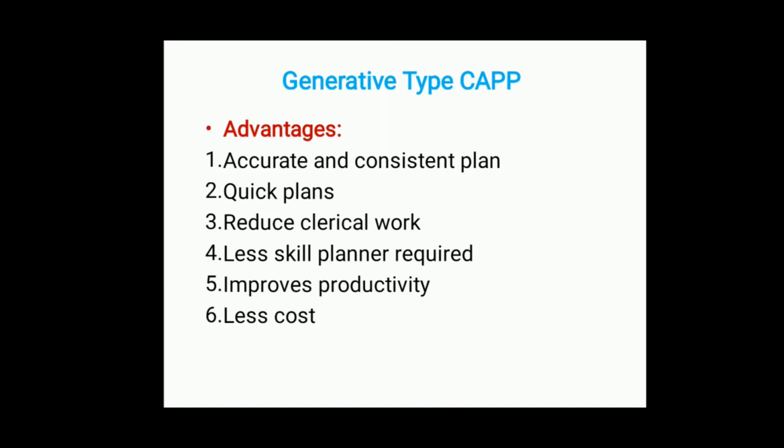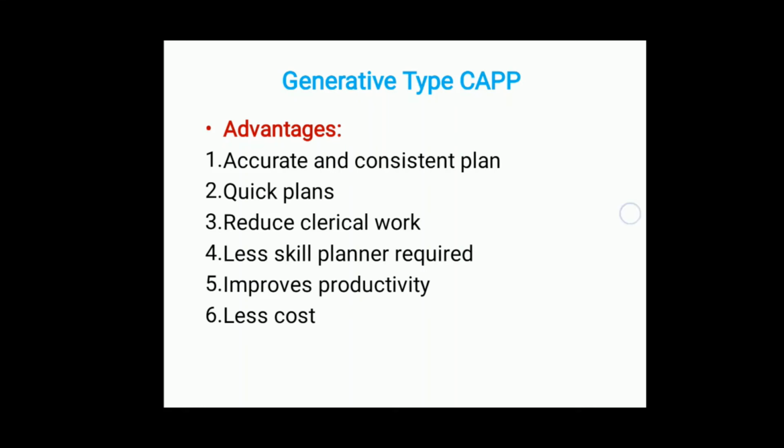It will reduce clerical work. It requires a less skilled process planner because the computer is intelligent enough to generate the process plans. It will improve productivity. Process planning cost will be lower than manual process planning. It will increase the utilization of man and machine. So these are some advantages of computer process planning.